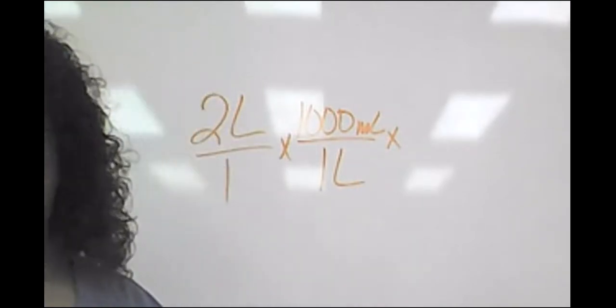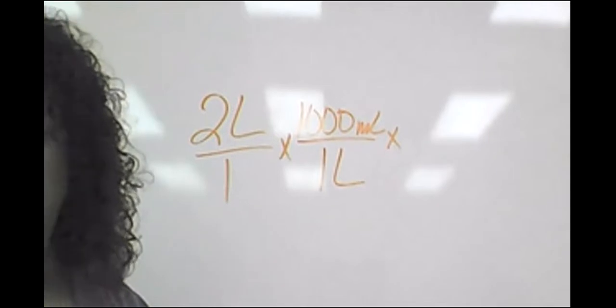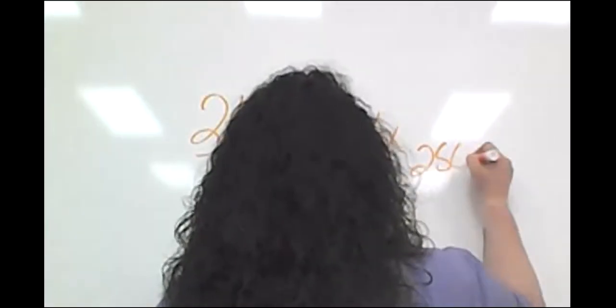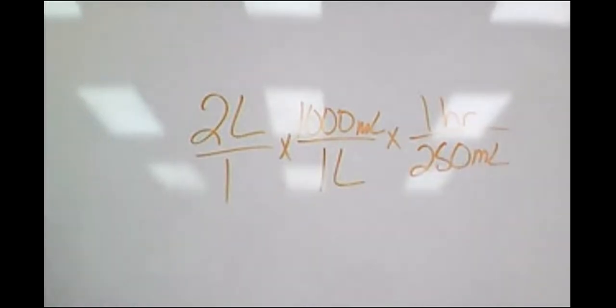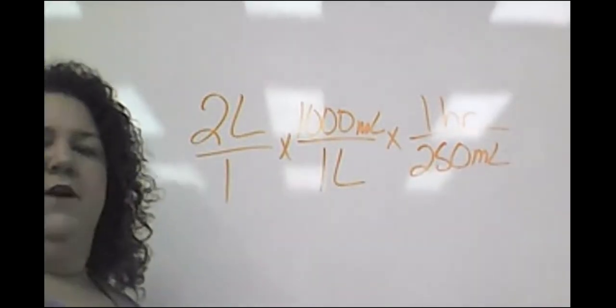And we're being told that this is being administered at a rate of 250 ml per hour. It's 250 ml per 1 hour. So that is what your initial equation should look like.